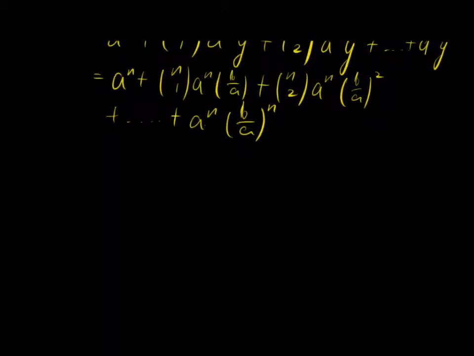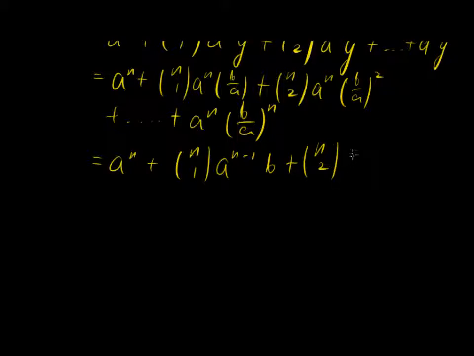So as we can see here, part of the a term is going to be cancelled by the b over a term, and so we get this final expression: a to the power of n minus 1 times b plus nC2 a to the power of n minus 2 times b squared.